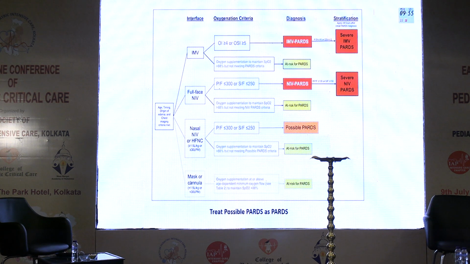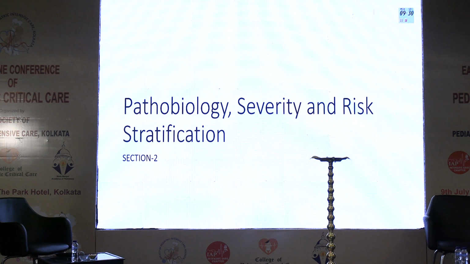These are the studies on the basis of which the guidelines have come. As you can see, the OI ratio has been used, the SF ratio has been used. On the basis of this, we can classify our patient into PARDS, possible ARDS, and at-risk ARDS. So your perspective for the treatment changes. You are more alert, you have to monitor these patients very regularly.